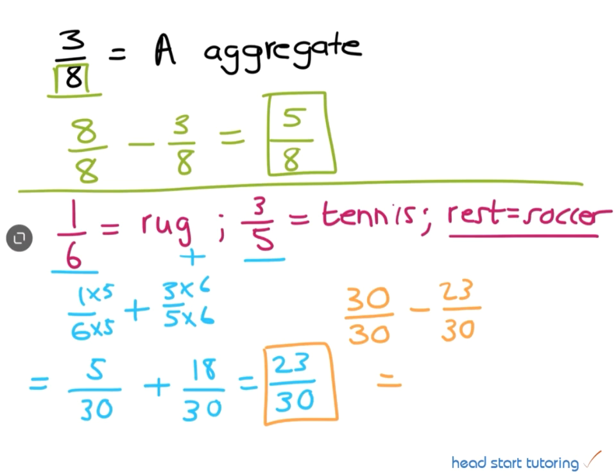So the rest of the grade plays soccer, so 30 minus 23 is 7, and because our denominators are the same, that's the denominator in our answer, so we end up with an answer of 7/30. To end off the word problem nicely, we say 7/30 of the grade play soccer.